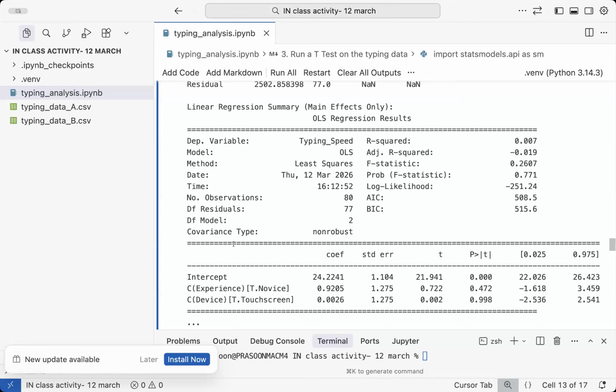Same for this one. Whatever the estimated coefficient is, you're assuming experience here is held constant at the baseline value, which is experienced. And this is similarly not statistically significantly different from 0. Therefore, there is no statistically significant association between these variables, and no effect of device on typing speed, according to this analysis. None of this is new from what we've seen before. It's just a more rigorous way of testing the same thing.